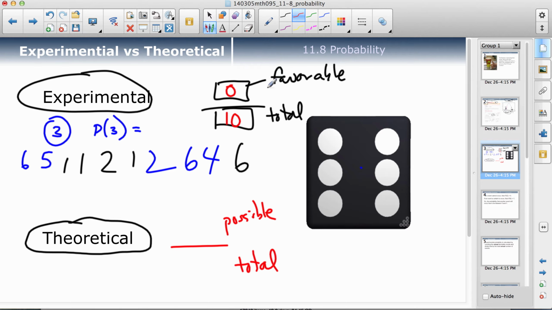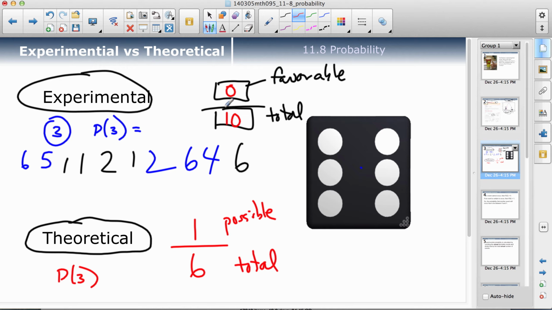How many 3s did I get? I didn't get any 3s. Theoretically, though, if I look at a die, there are 6 sides, and one of them is a 3. So there's one 3 and 6 sides altogether. Theoretically, the probability of getting a 3 is 1 over 6.